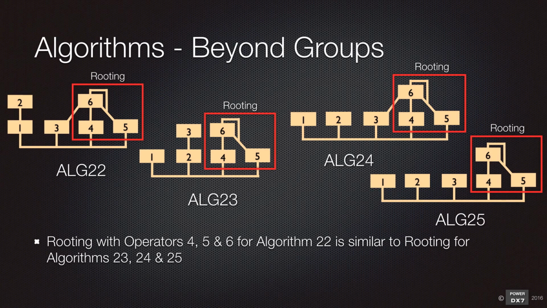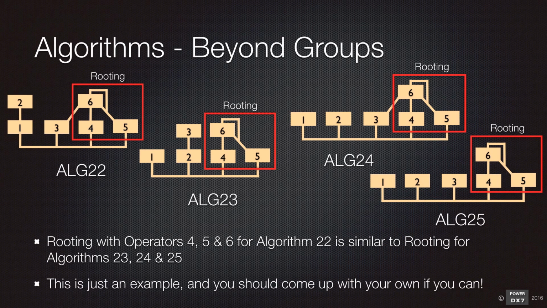When you have towers, branches, and routing with carriers as well as carrier-only operators, additive synthesis is used to mix those operator tones. Now, what I want to stress is that this is just an example. If you can, you should come up with your own so that you can expand your understanding further.